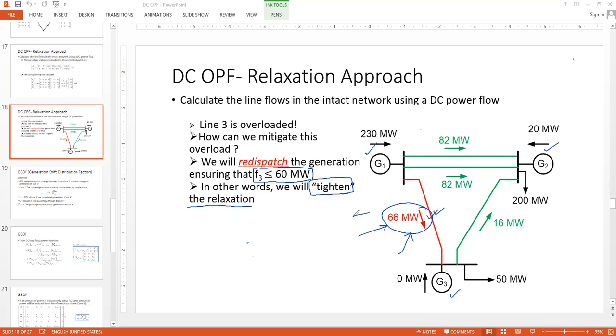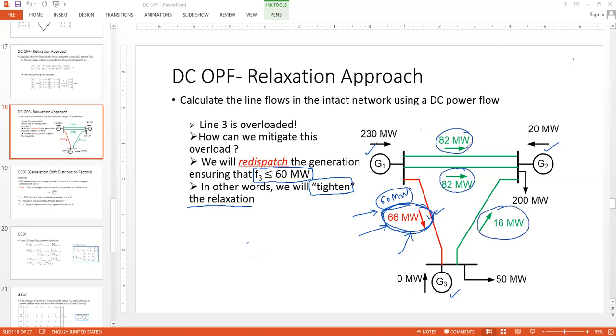Remember, if we are going to reduce this value to 60, then the 6 megawatt has to be shifted through some other lines. This reduction in line flow limit will of course cause some changes in these flows.